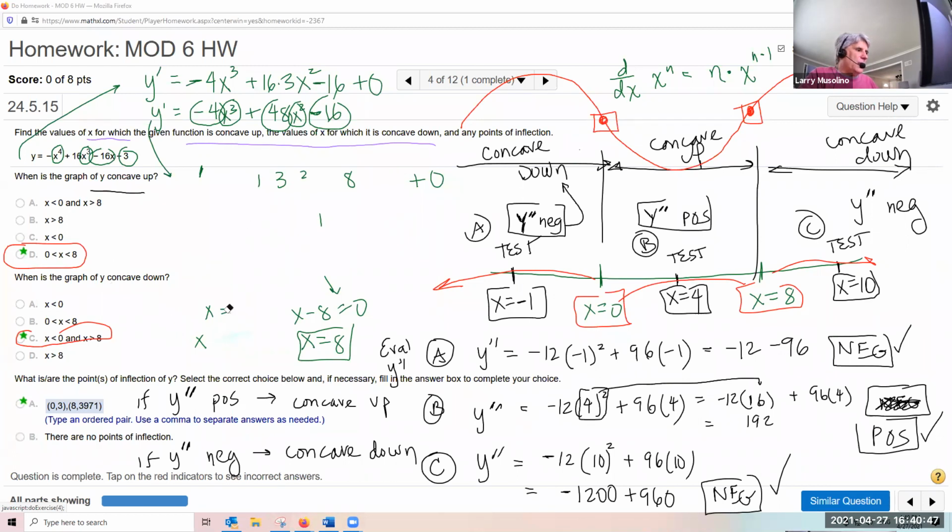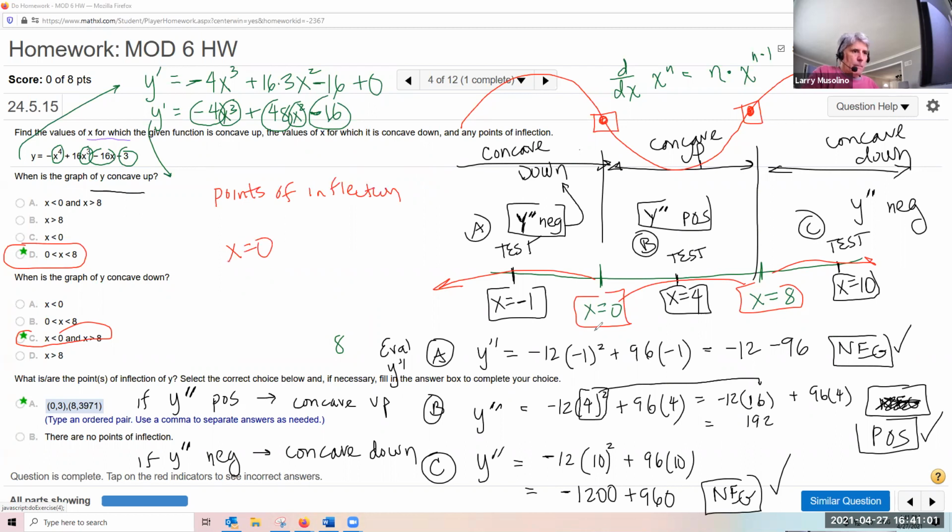So what we're seeing is the points of inflection are at x equals 0, because the graph went from concave down to concave up, and x equal 8. Now in this problem, it wants an ordered pair, so I need to also figure out the y value.